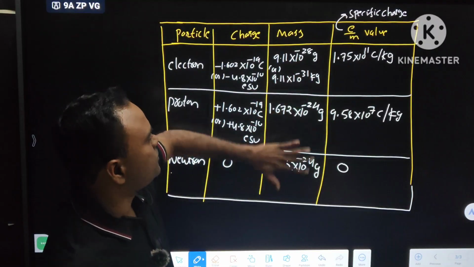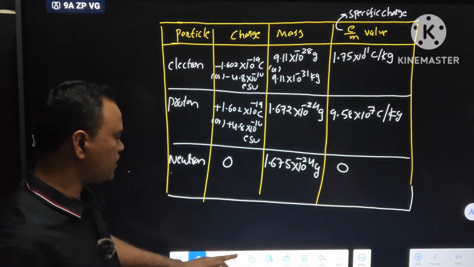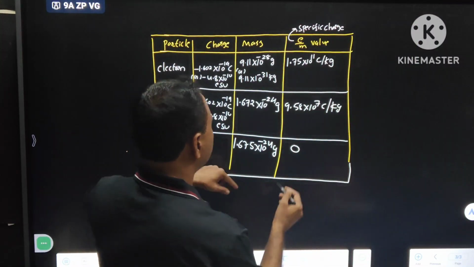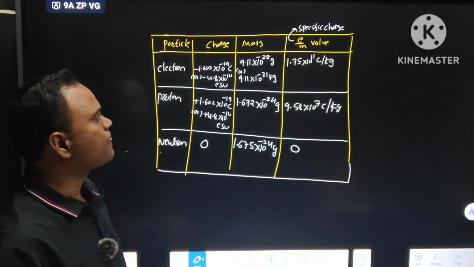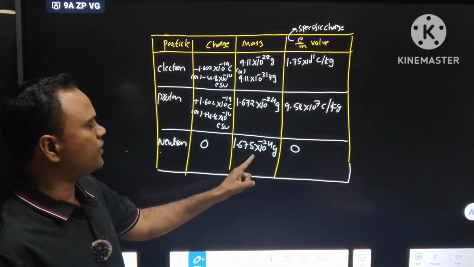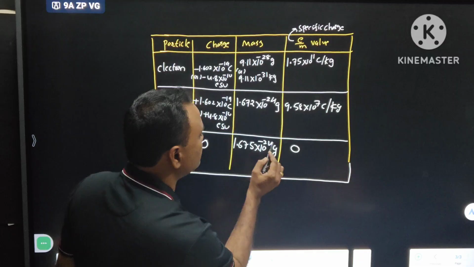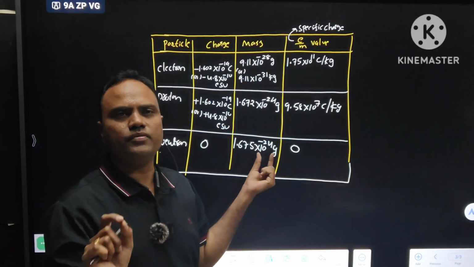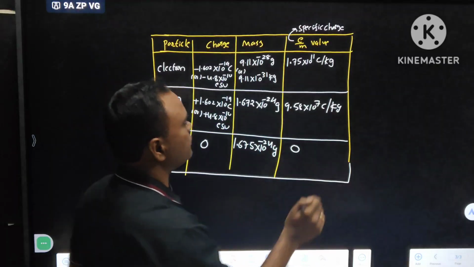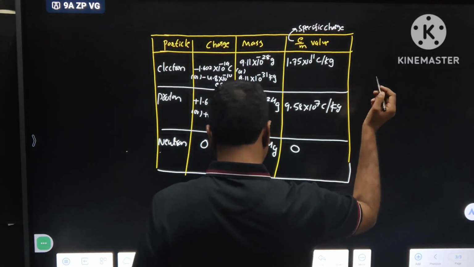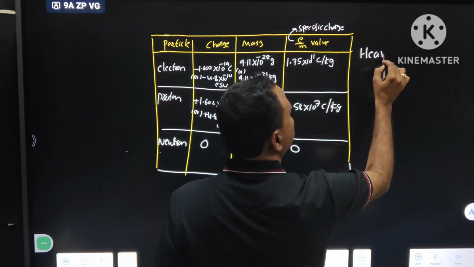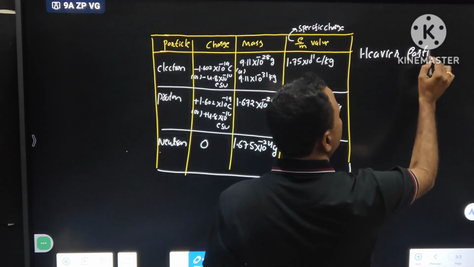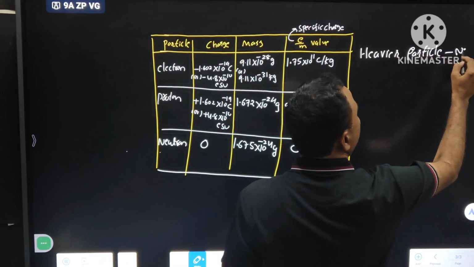Now, by seeing these values, which is the heavier fundamental particle, which has more mass here? See, for the neutron the power is minus 24, and for the electron it is minus 28. Minus 24 is the bigger value. So the heavier fundamental particle is the neutron.